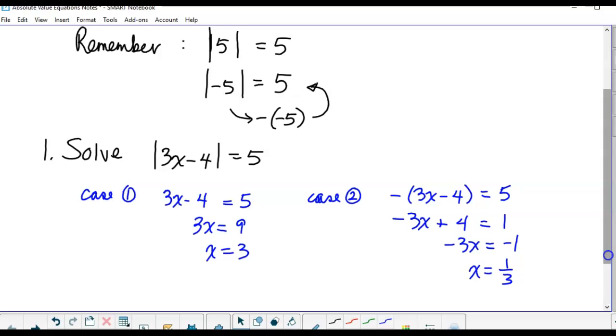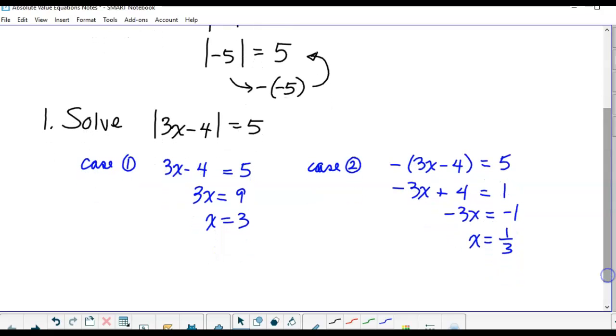Okay, so that's how I do it. You can look at the domain of the absolute value part and test it that way. Once you get into more complicated ones, that gets more complicated. So I find it easier as a verification. No matter what, you do have to check because you could have extraneous solutions.